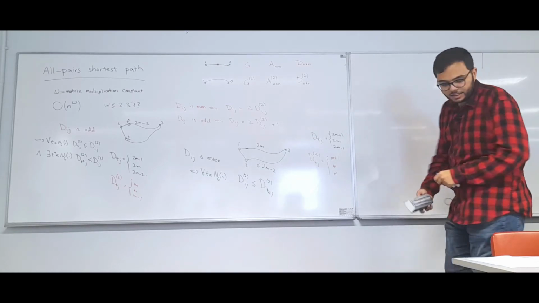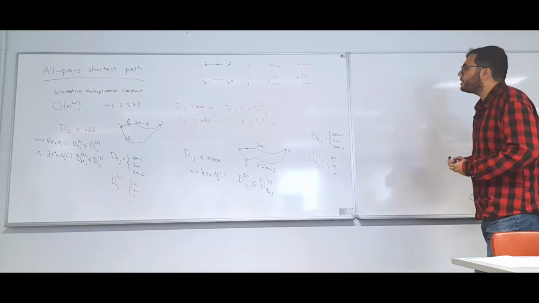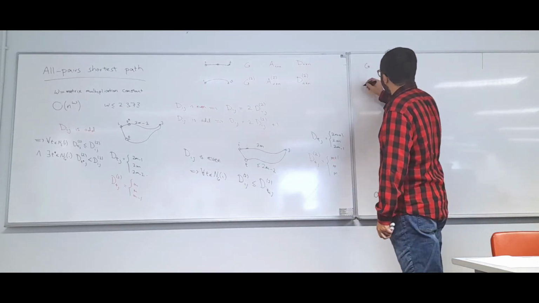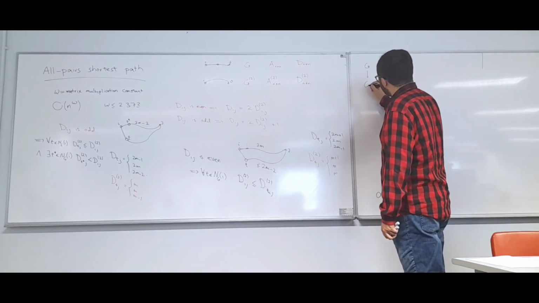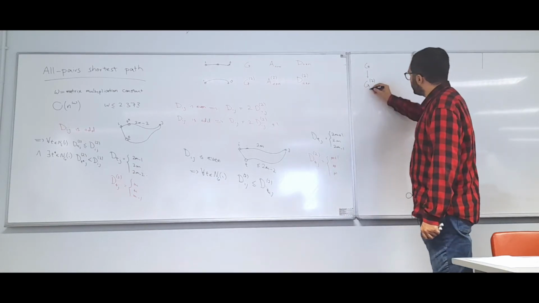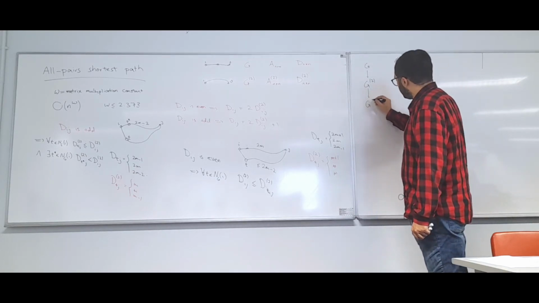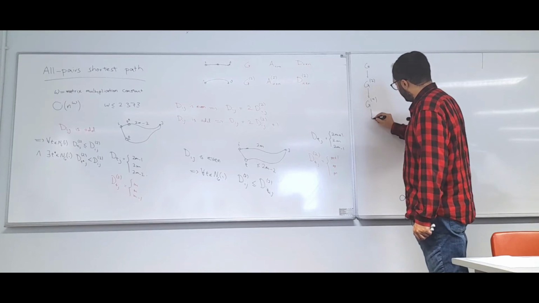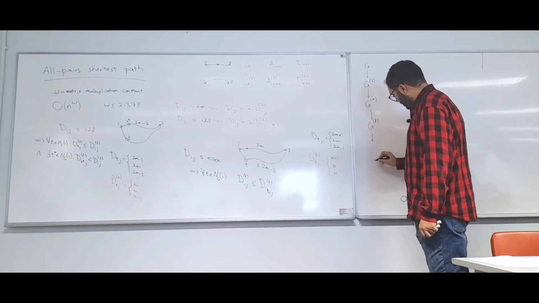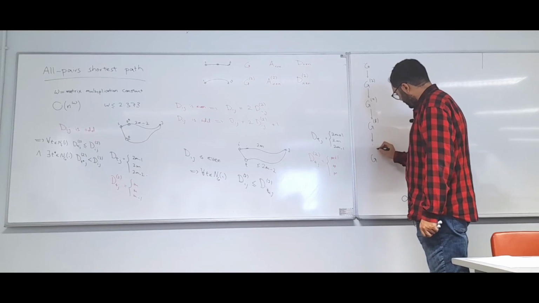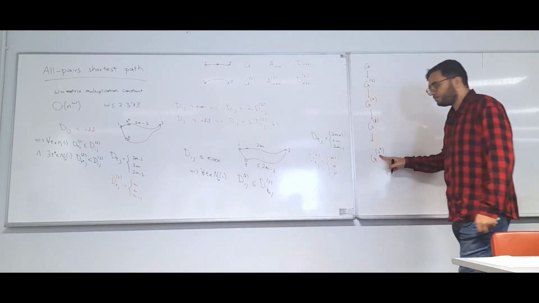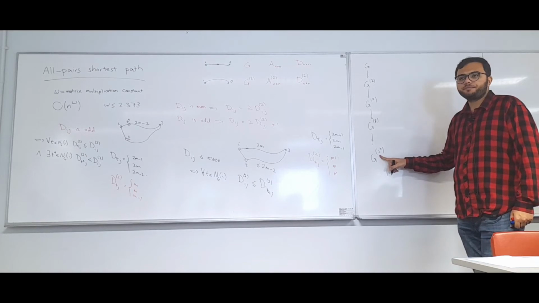So what is our algorithm now? Our algorithm is that I have this graph G. I first compute G2, right? Then from that, I compute G4. Then I compute G8, and so on, until I get to G, let's say 2 to the power of k, where this 2 to the power of k is more than n.